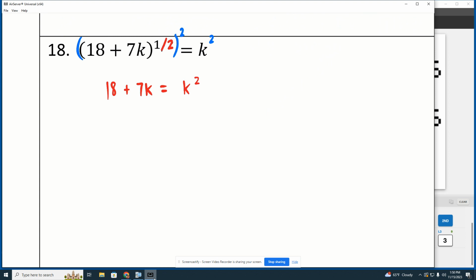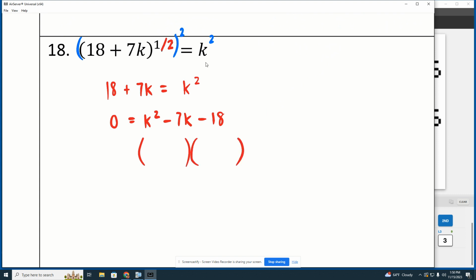The k squared is positive on the right, so let's bring everything over here: k squared minus 7k, and then subtract the 18 as well. I can't just solve for k. I've got a k squared and a k, so I've got to solve by factoring.